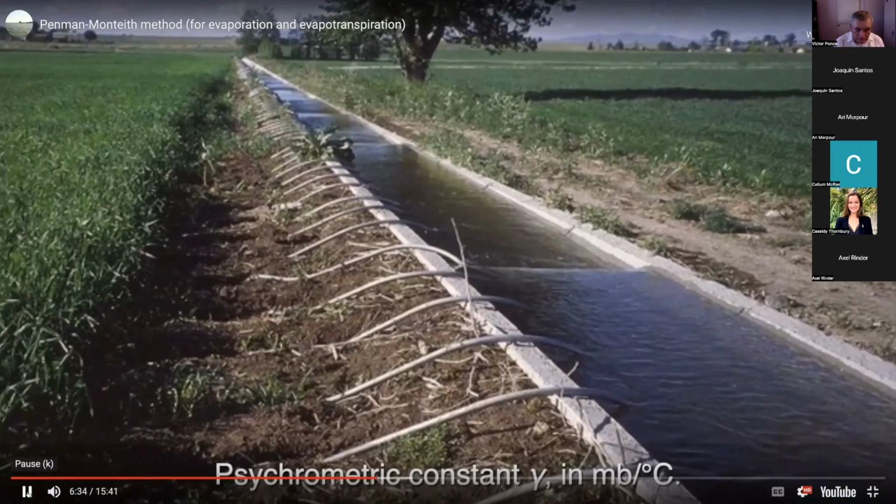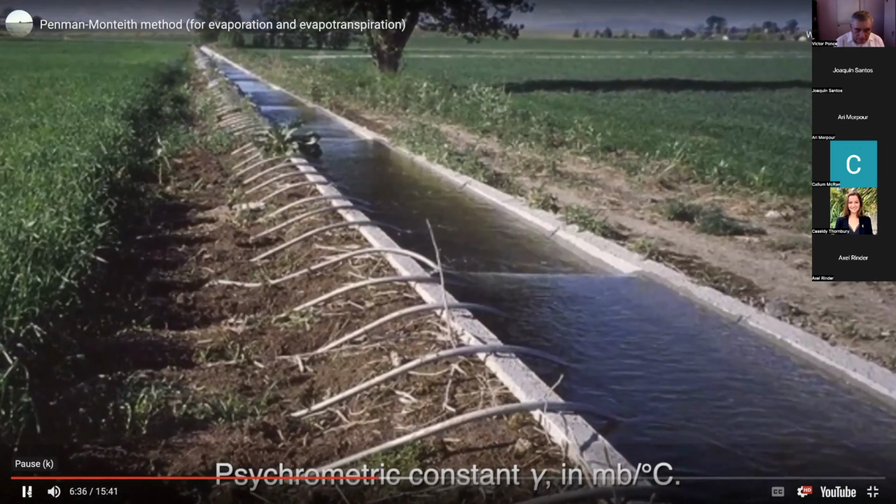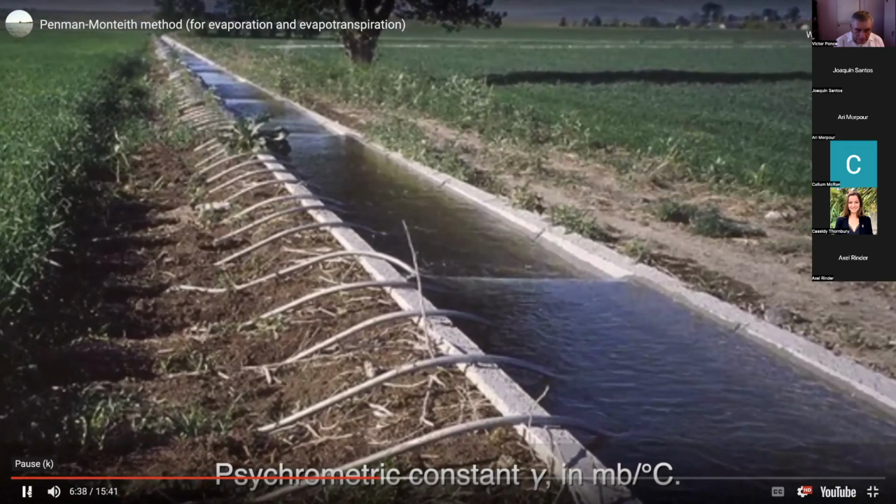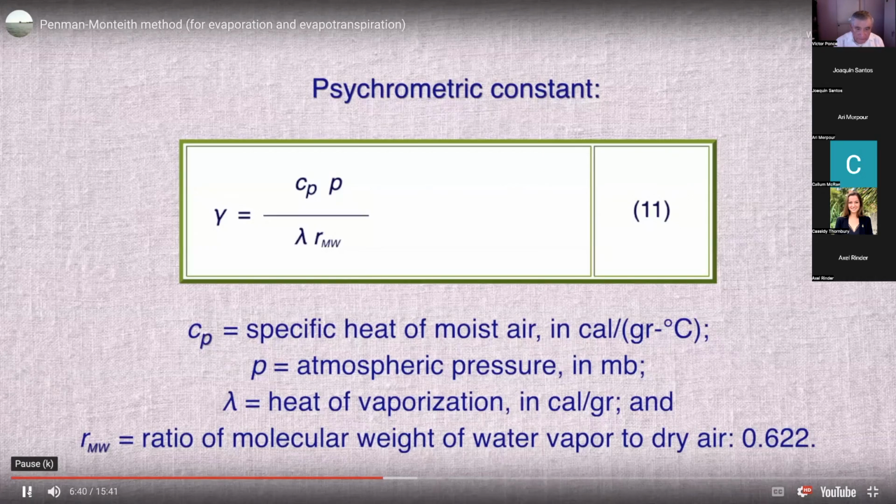The psychrometric constant, gamma, in millibars per degree Celsius is. The psychrometric constant is called a constant because of practice, but it's really not a constant. It varies within a very narrow range.